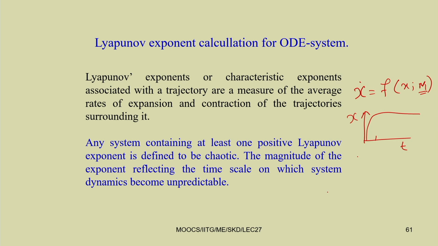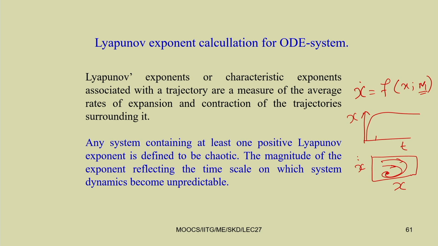Whatever initial condition, if you plot it in the phase portrait, that is x versus x dot, you start with this point, it will go to this. That thing you have seen in the basin of attraction. You start with some other point, it will go to the same point; you start with a third point, it always goes to the same point.